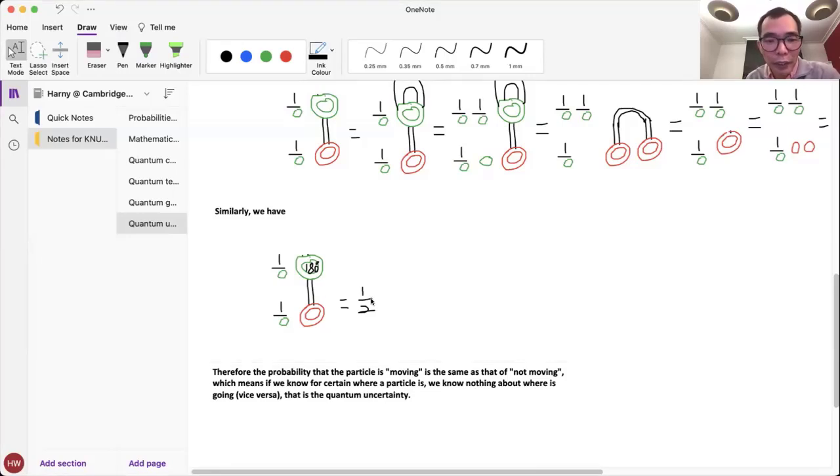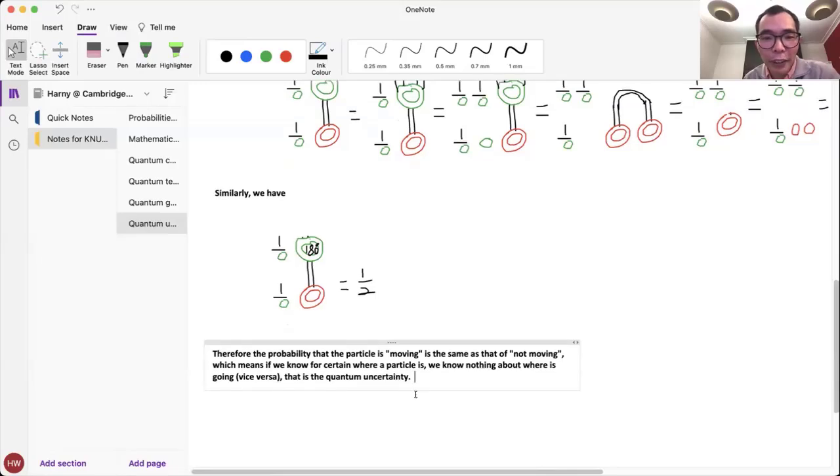And actually, if you do it the other way, if you know for sure where it's going, you don't know for certain where it is, right? So that's the quantum uncertainty.